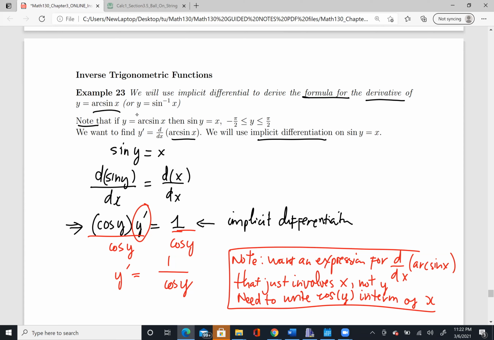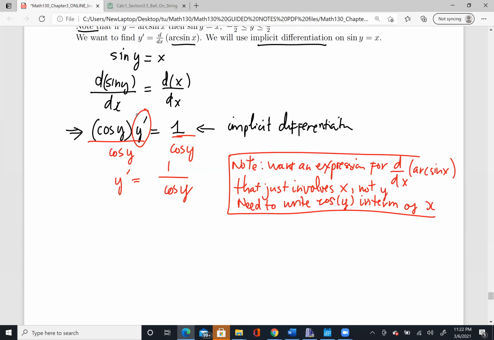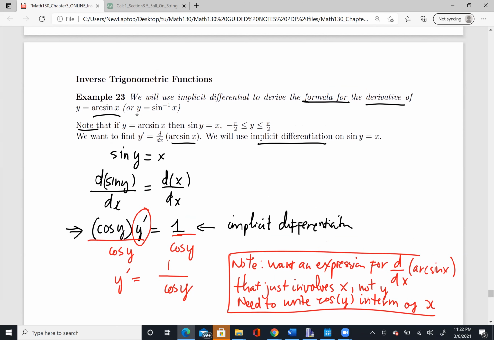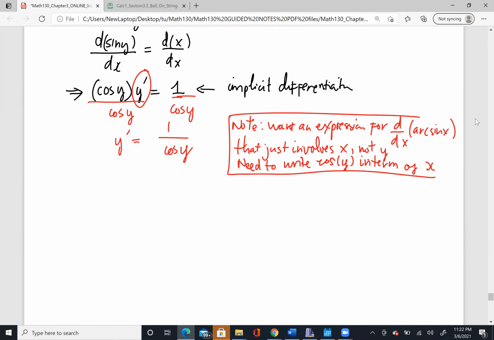Okay, so let me write that. From the trig identity, I have cosine squared of x plus sine squared of x will always equal 1, right?